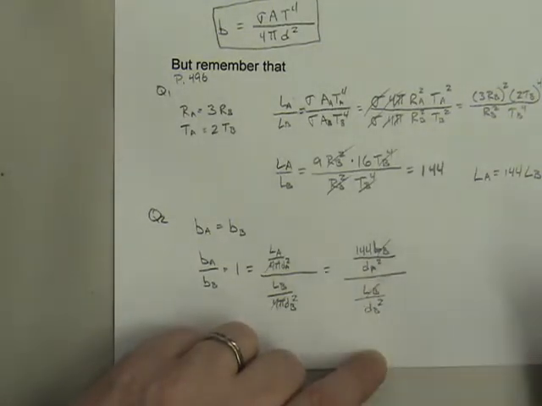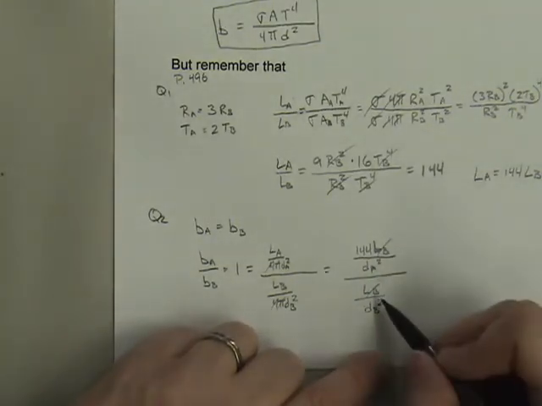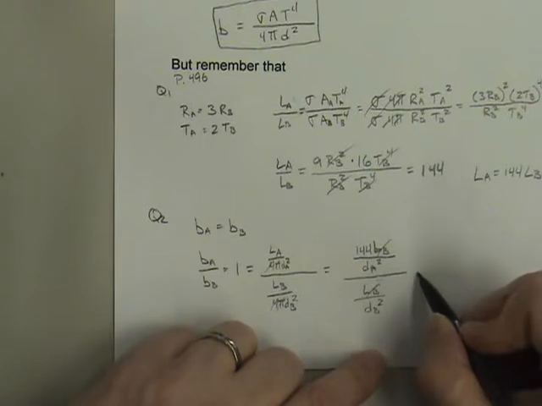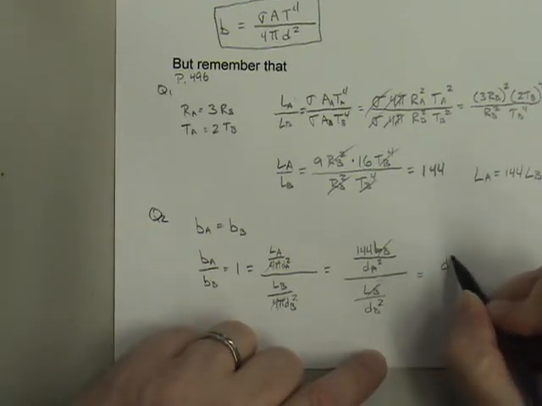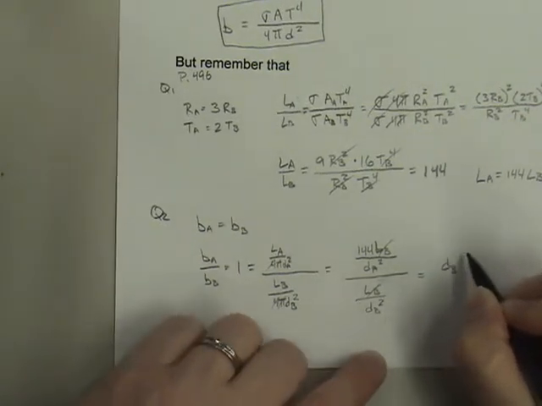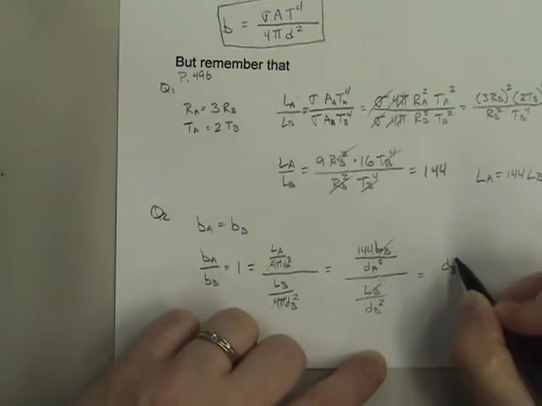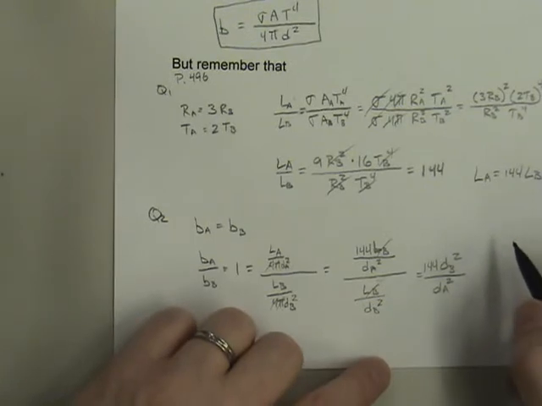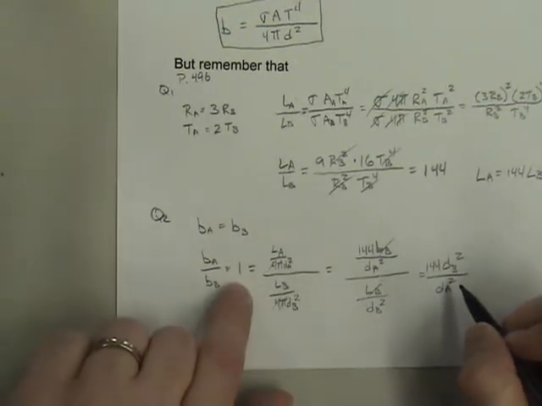So the LBs are going to cancel, and I would want to invert and multiply, so what I would end up with is 144 DB squared over DA squared. Now, remember, that's all equal to 1.